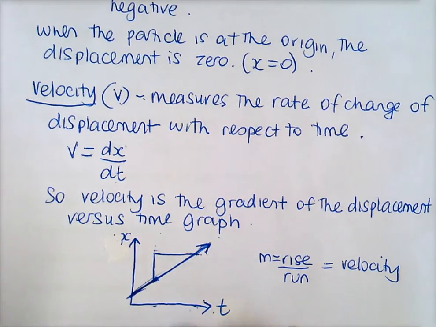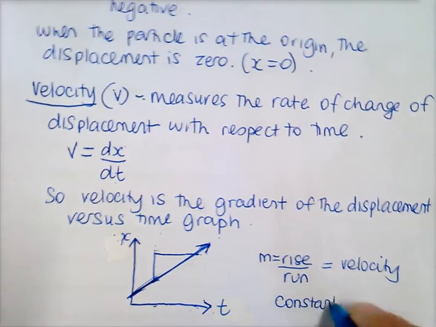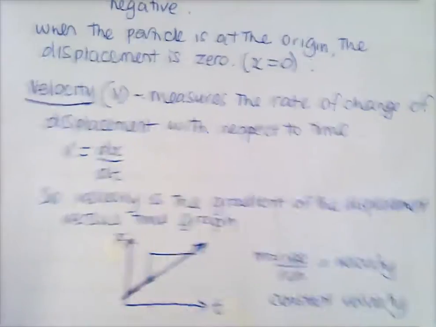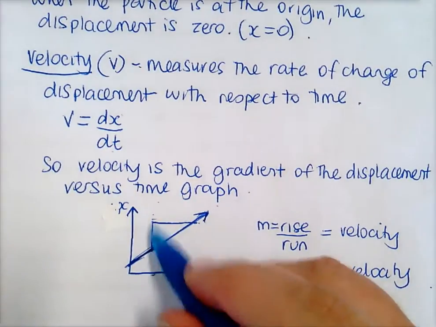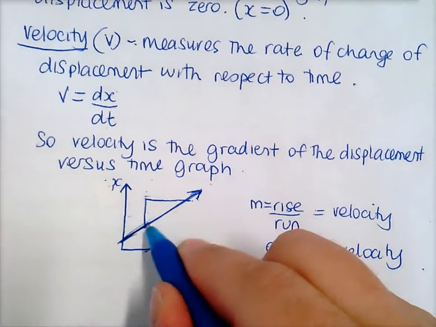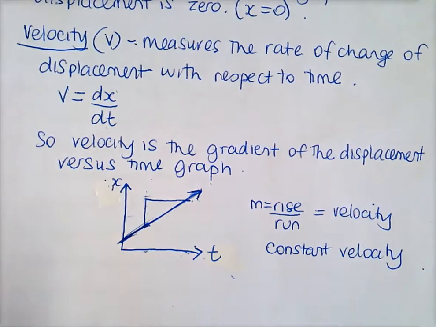Does this make sense? Constant velocity, because if you work out the gradient at any point on the graph, you'd get the same answer. For every so many seconds, you've got the same change in displacement. So this is a constant velocity graph.